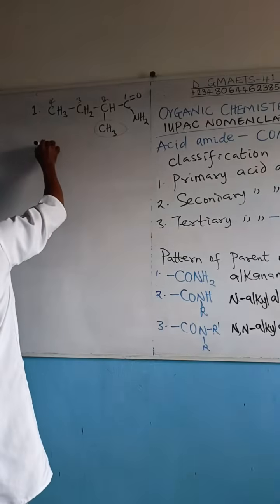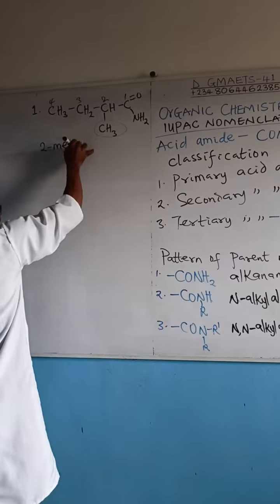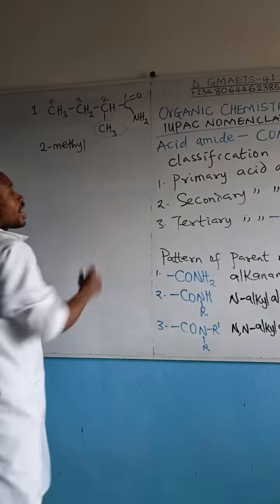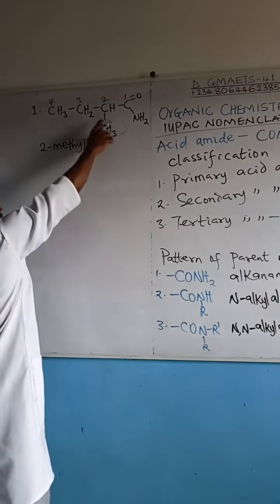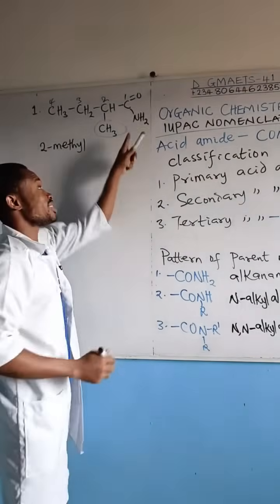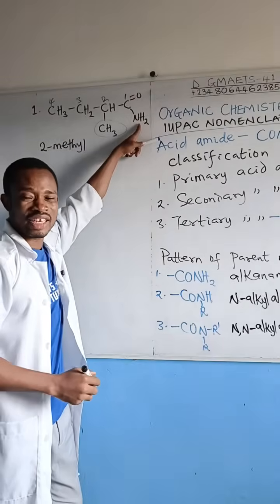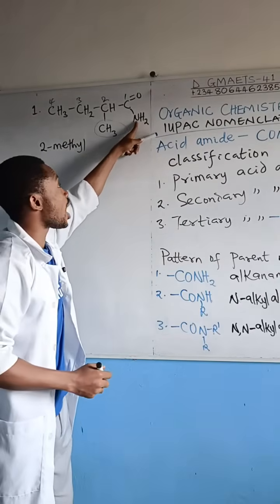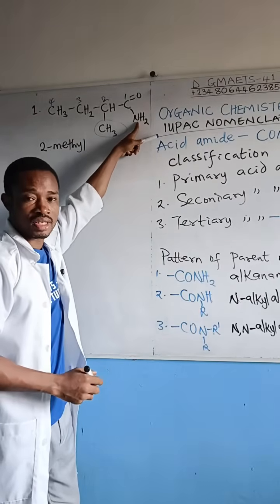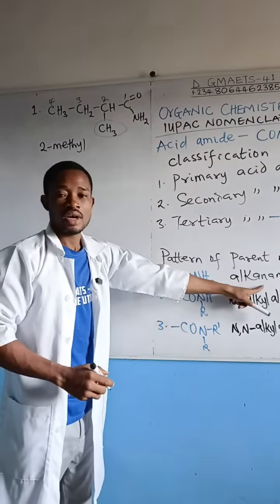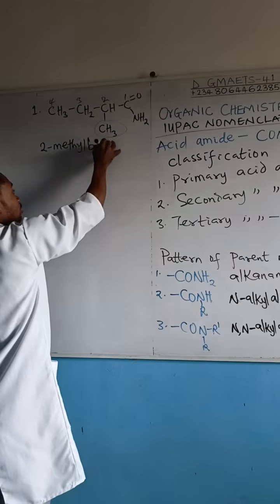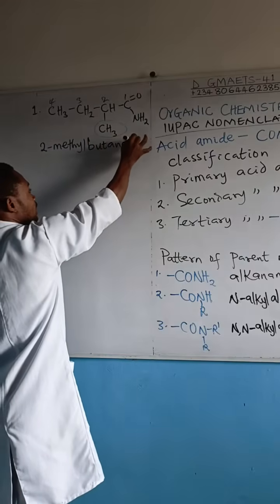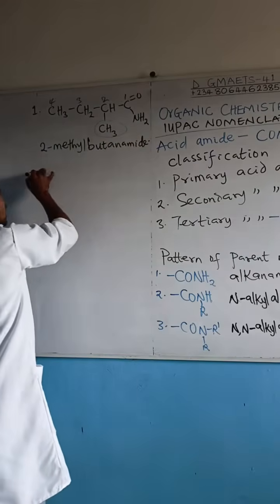Therefore, this is 2-methyl. A 4 carbon atom chain is but as prefix. As an acid amide, this is a primary acid amide because all the hydrogen atoms on the nitrogen are complete. There is no alkyl attached to this nitrogen, so it is primary. I told you it's alkanamide. 4 carbon atoms will be butanamide. Good. That is it.